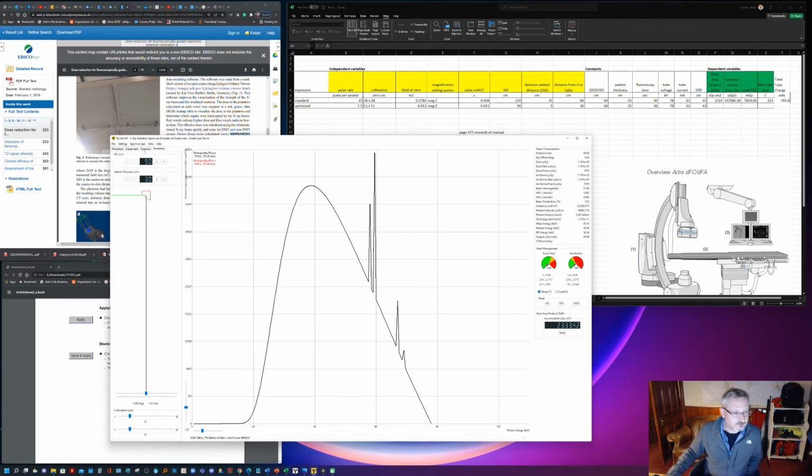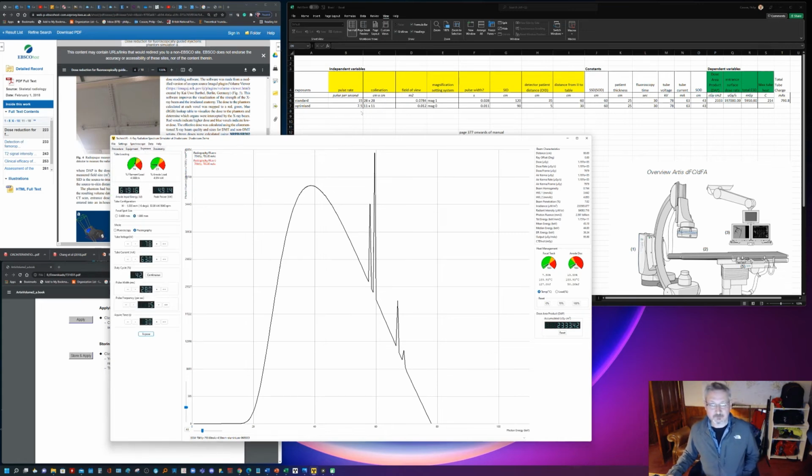So now we can go to the exposure tab. We want to go to 7.5 frames per second now. So we're going to drop this down to 7.5 frames per second. And we're taking the mag off, so we need to go to 0.11, so the pulse width is 11 milliseconds instead of 28.